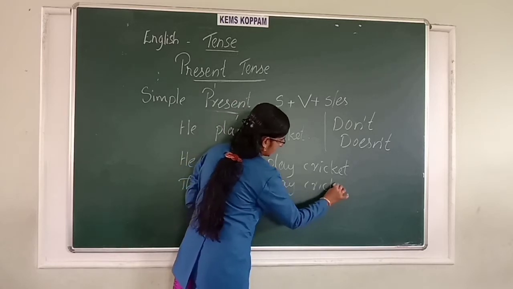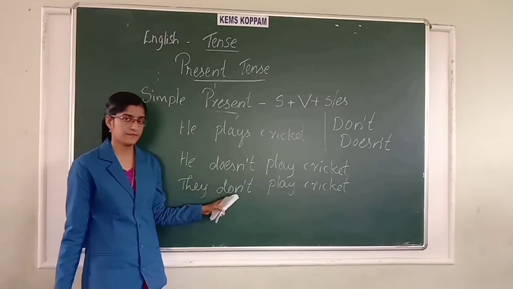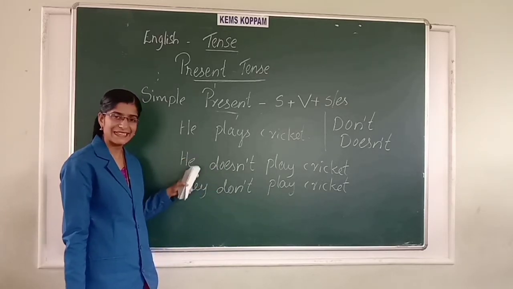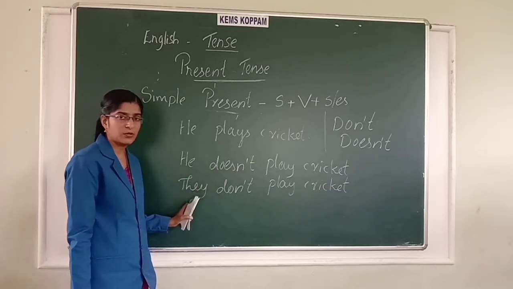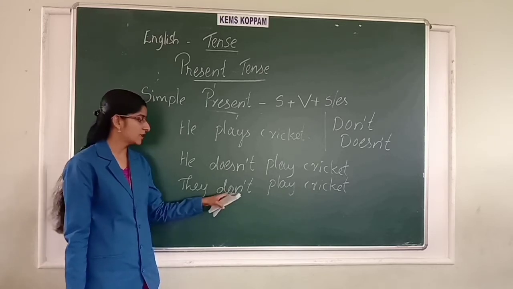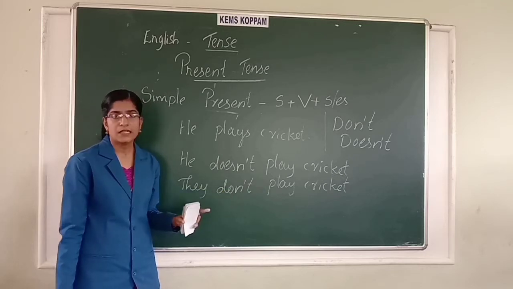If the subject is plural, we want to use don't. If the subject is singular, in order to make this a negative sentence, we want to add doesn't. If the subject is plural, we want to use don't. He doesn't play cricket. They don't play cricket.